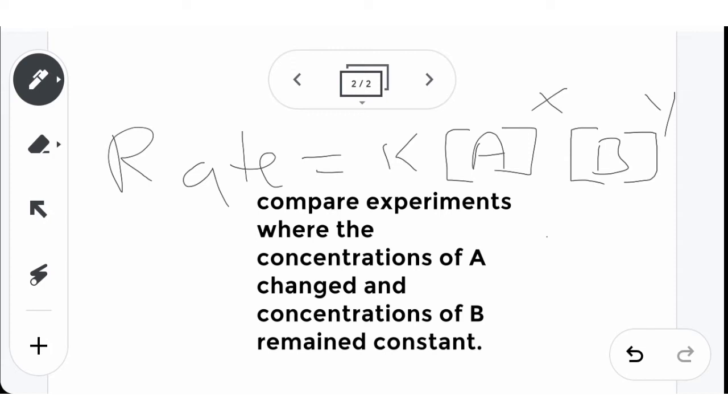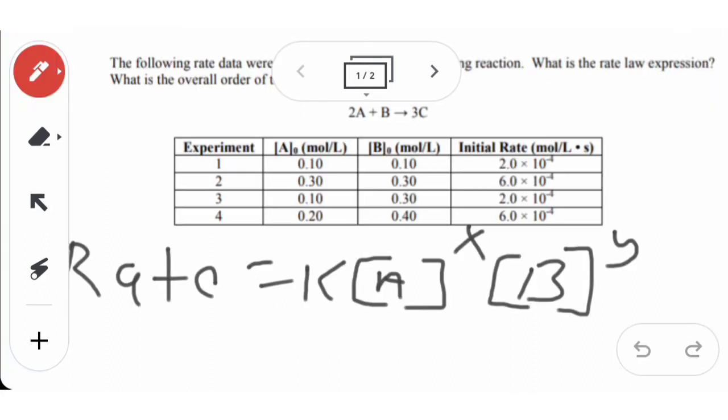So for us to do that, we need to compare the experiments where the concentrations of A changed and the concentrations of B remained constant. Experiment number 2 and number 3 here. You can see that the concentrations of B remained constant while the concentrations of A were changing.